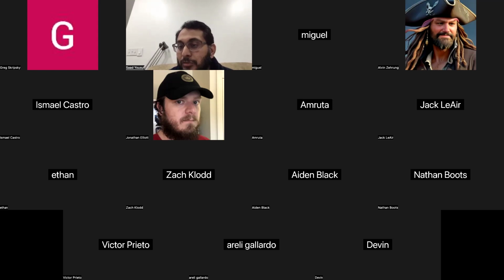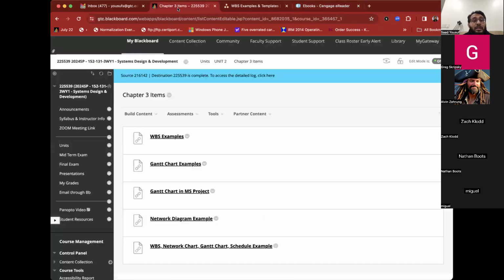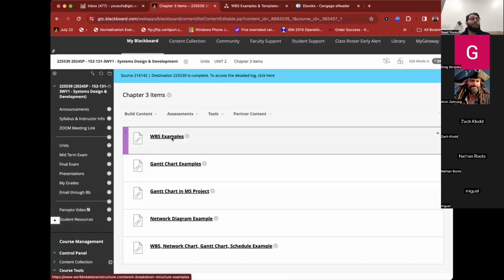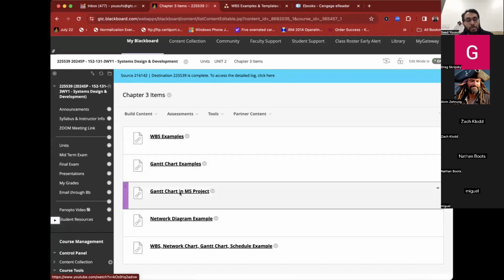One of those two things I would like to share first is back to the chapter 3 items under the unit 2. In the chapter 3 items under the unit 2, I made you guys look into the WBS, and I made you guys look into the Gantt chart in Microsoft Project.